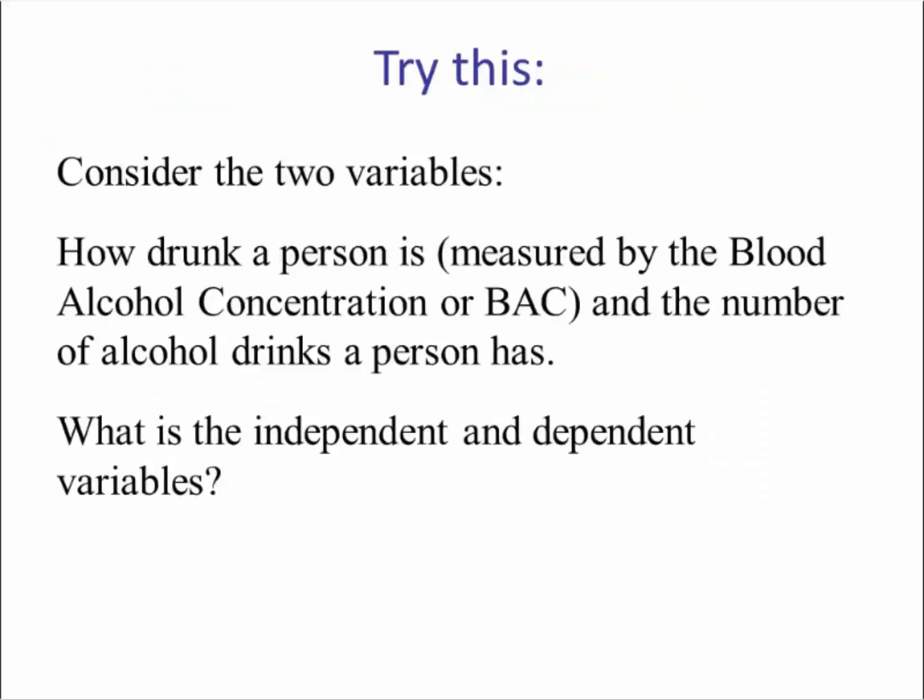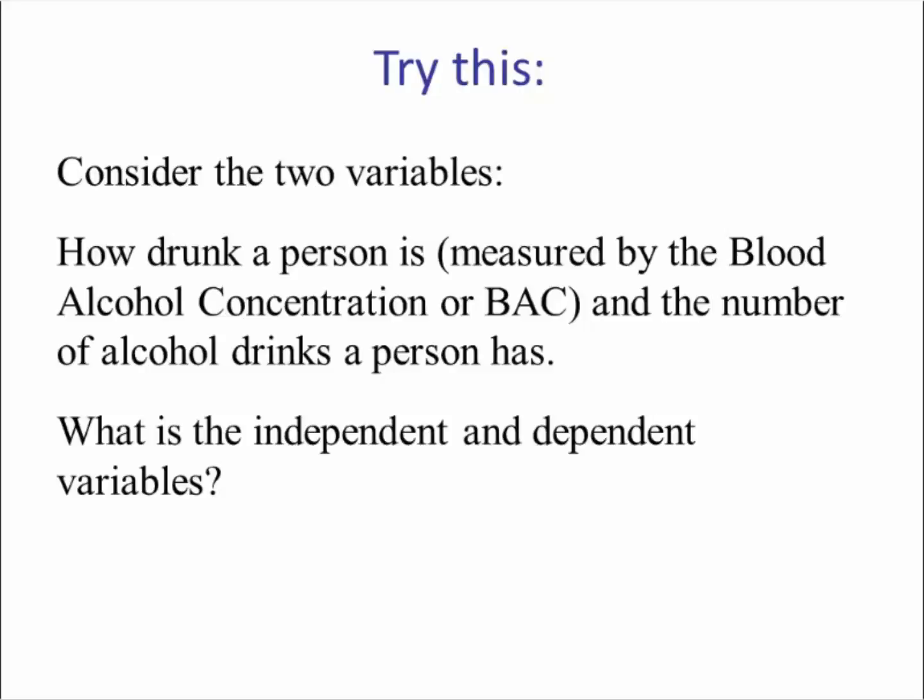Let's try this. Consider the two variables: how drunk a person is, measured by the blood alcohol concentration, or BAC for short, and the number of alcoholic drinks a person has. What are the independent and dependent variables? If we think about this, the more alcoholic drinks a person has, the more the blood alcohol concentration will go up.